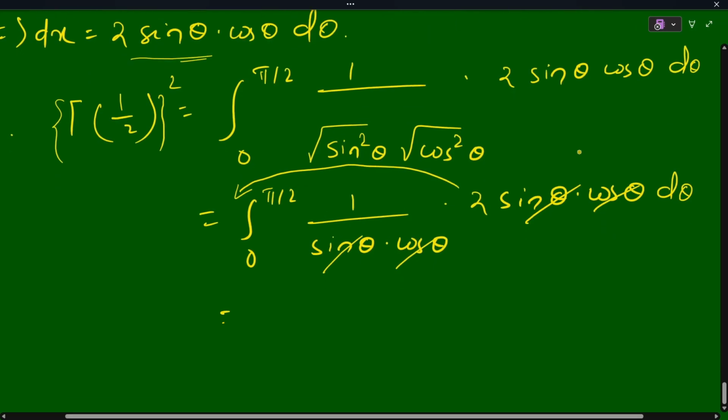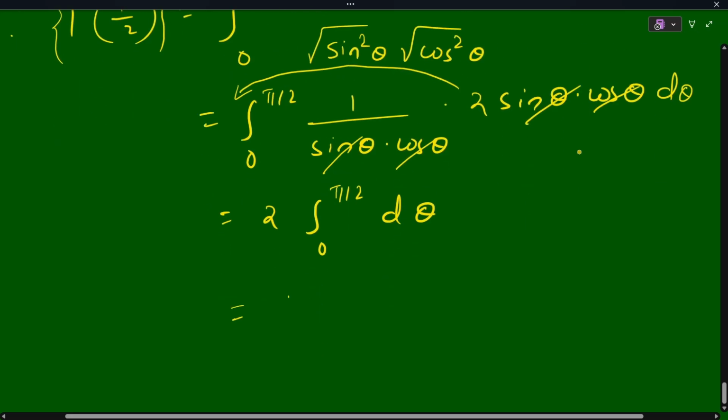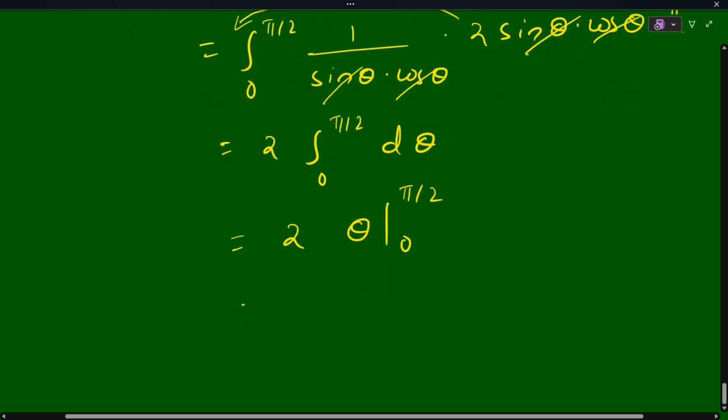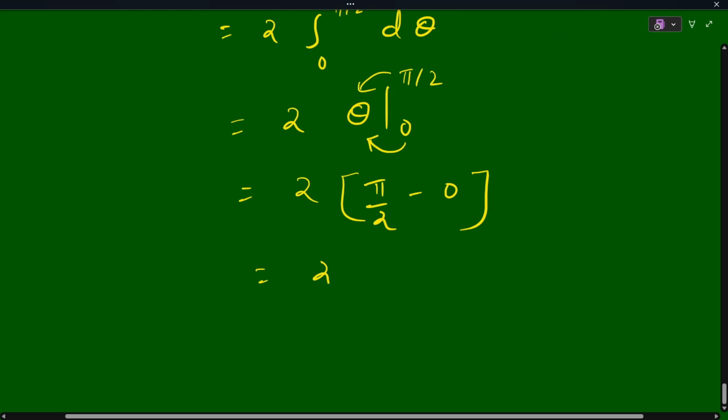So here it is 2 times the integral from 0 to pi by 2 of d theta. Now what will be the integration? Integration of d theta is theta, and the limits are from 0 to pi by 2. So here I will use the upper limit, then minus the lower limit. So it would be pi by 2 minus 0. So now this value is 2 into pi by 2, which is pi.